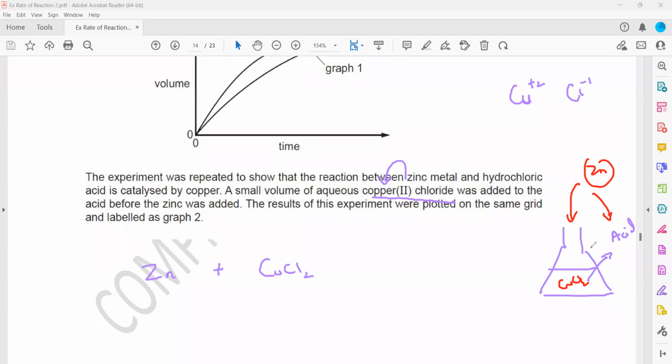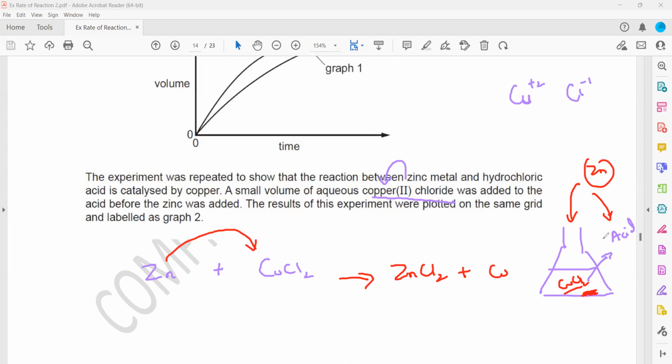Zinc can react with an acid. Zinc can react with copper chloride as well, because zinc is more reactive than copper. So zinc can displace copper. As a result, it will produce zinc chloride plus copper. And when this copper metal is formed, it will catalyze the reaction between zinc and acid. So this is what the reaction chemistry is.